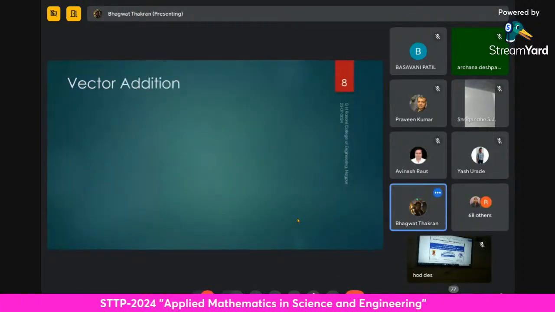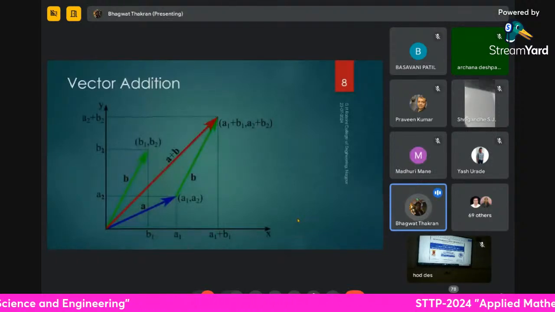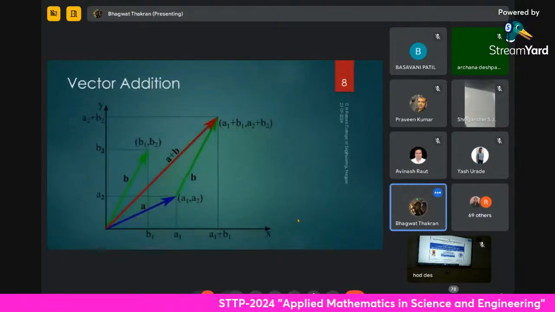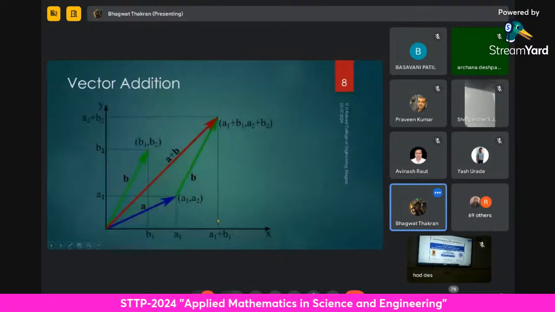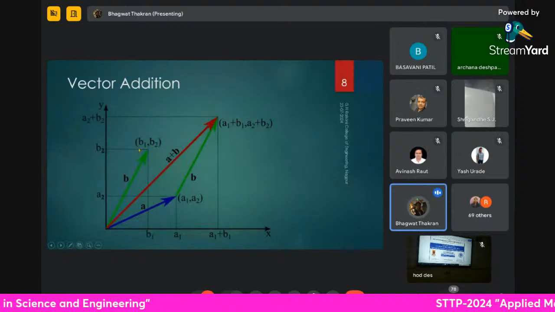Now, how will the addition of these vectors take place? This is the best example. Let's say A is a vector a1, a2, and B is a vector b1, b2.